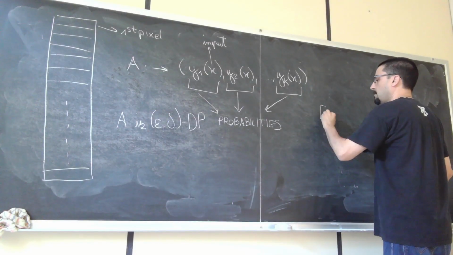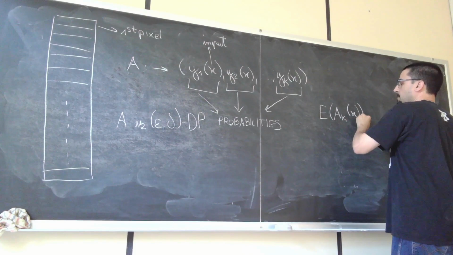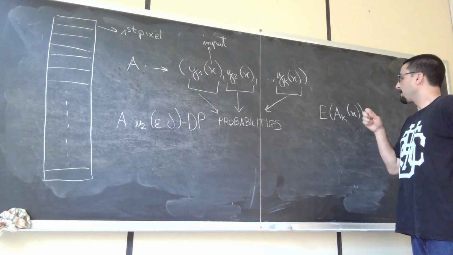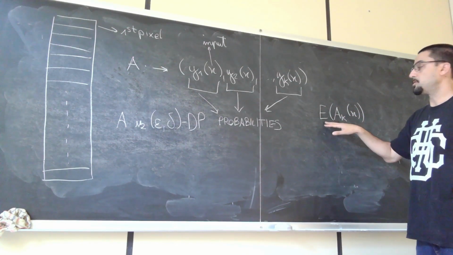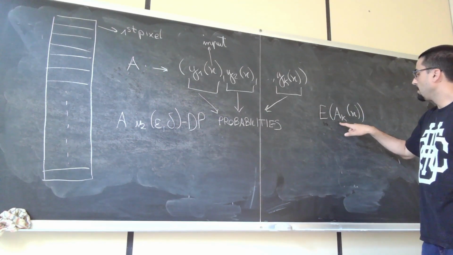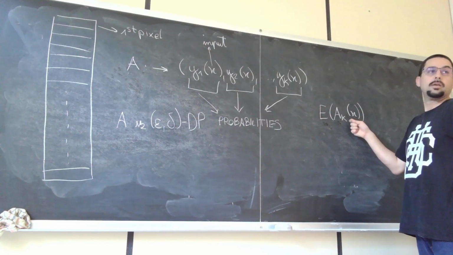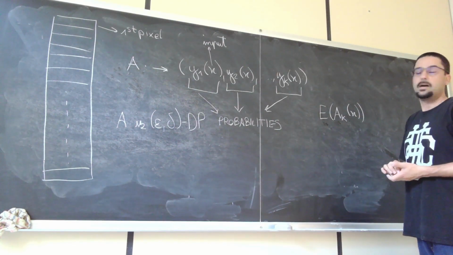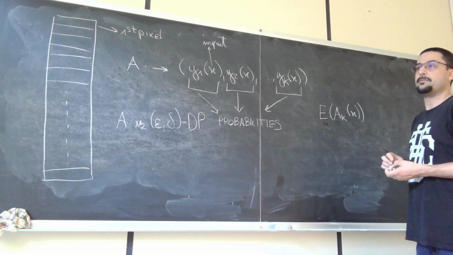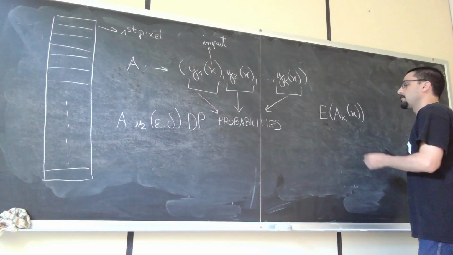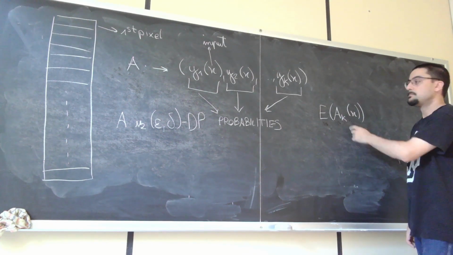So we have the expected value of A_K of X, which means that we are averaging the probabilities, because we are considering the expected value of the algorithm A computed over the input X, so the output label given by our classification model, but randomized with this differentially private mechanism or algorithm, with respect to the class K in particular.